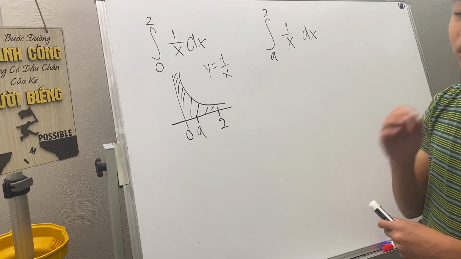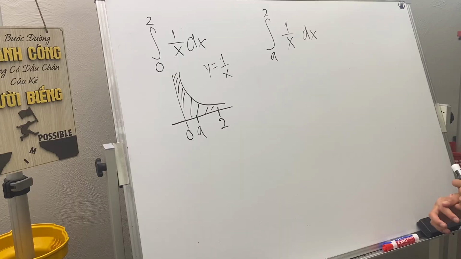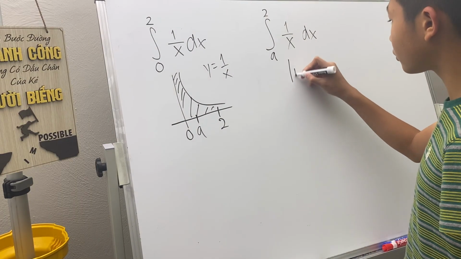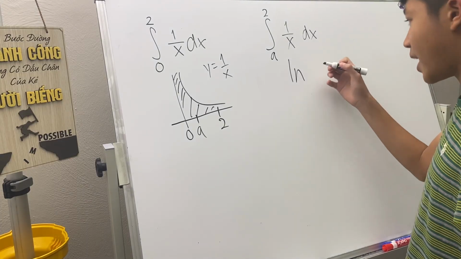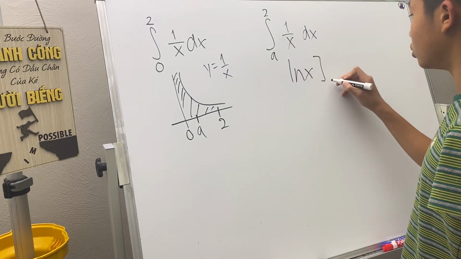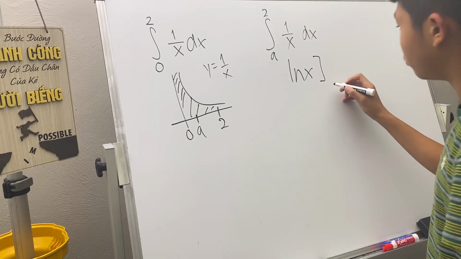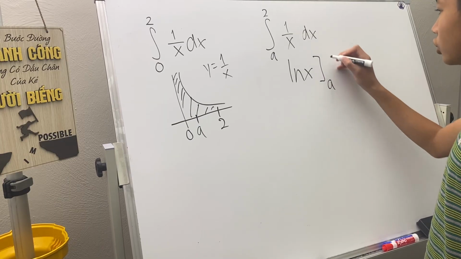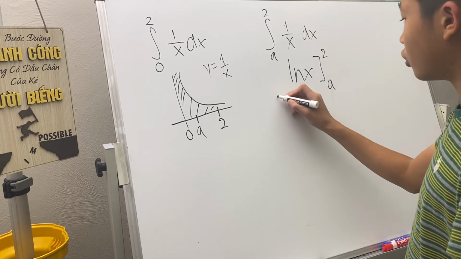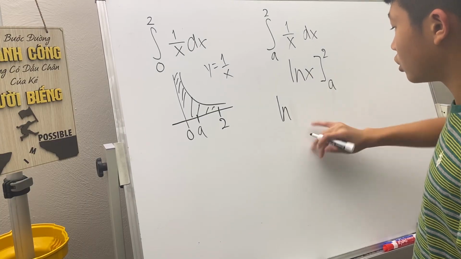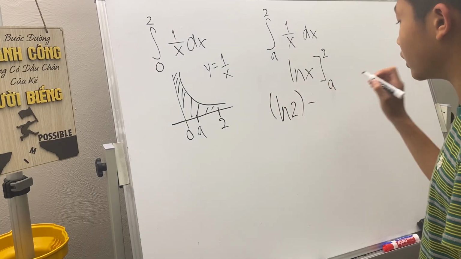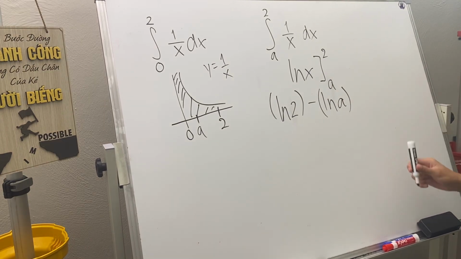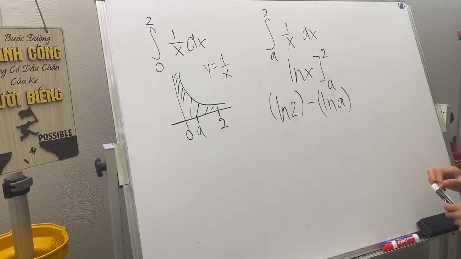That's not 0, so it definitely touches the graph. So this is equal to ln of x, integrated from a to 2. So it's going to be ln 2 minus ln a.